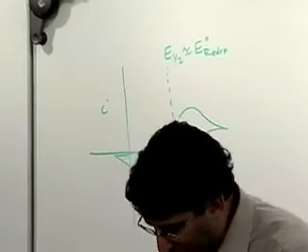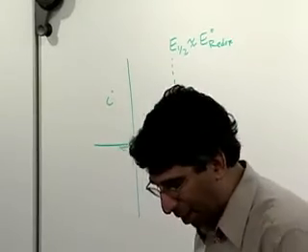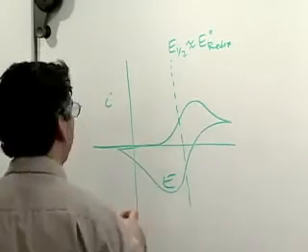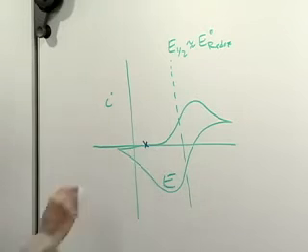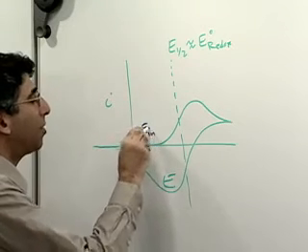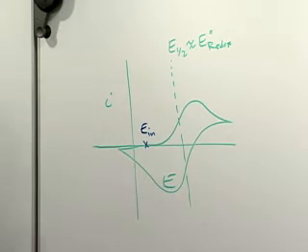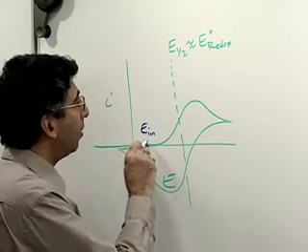So I start off at this potential over here, let's say, right there, where I started to draw. That's my E initial. And I've picked that potential because I've gone there and I've observed that there's no current flowing at that point other than a non-Faradaic current, which falls off very quickly. So I know nothing's getting oxidized or reduced at that point. And I start scanning in this direction.